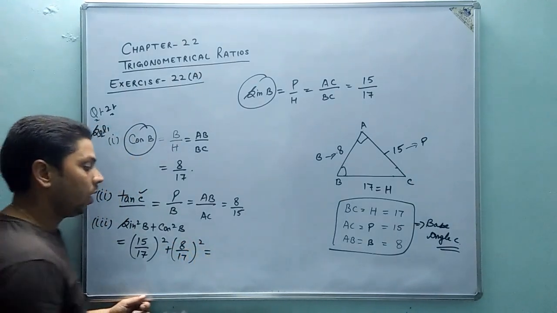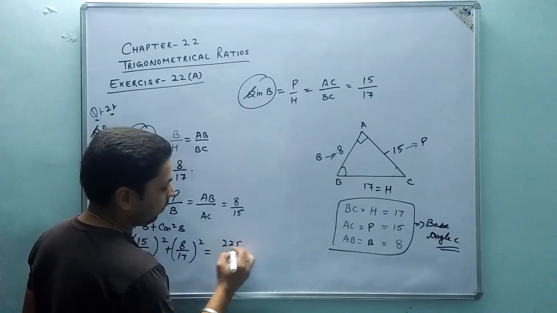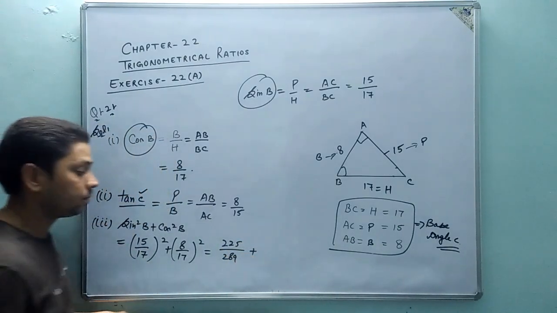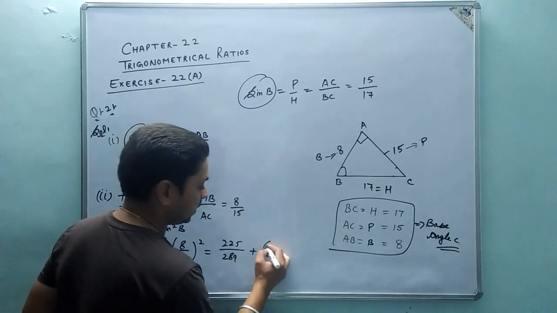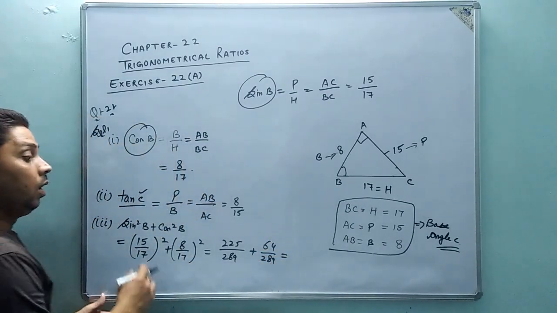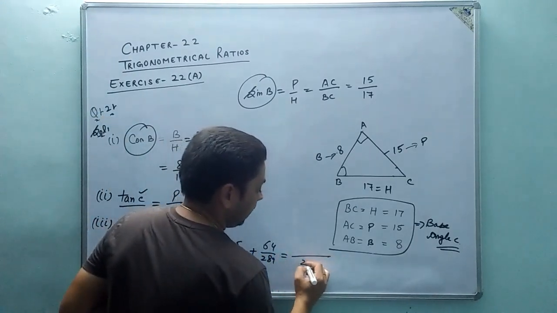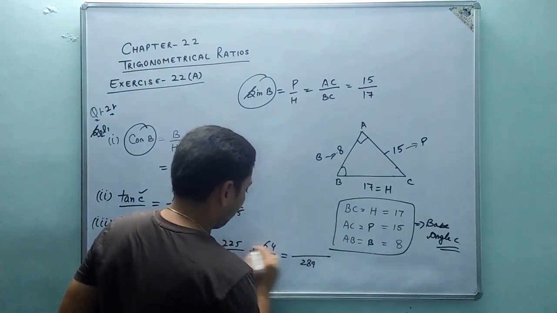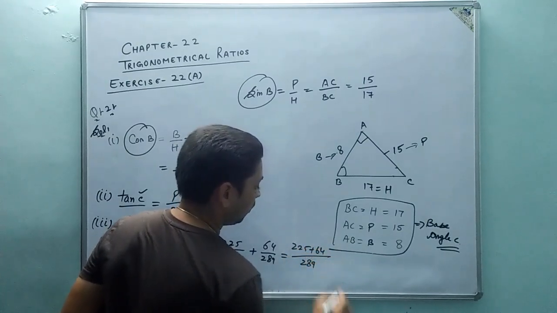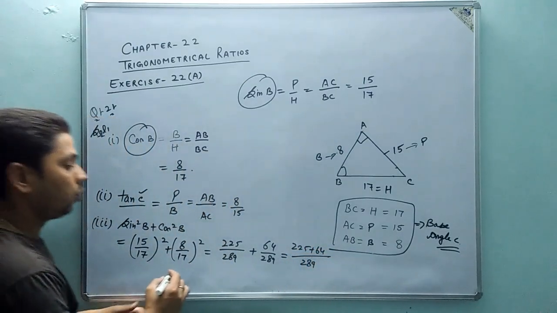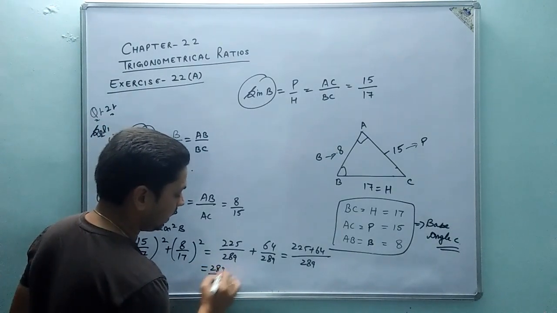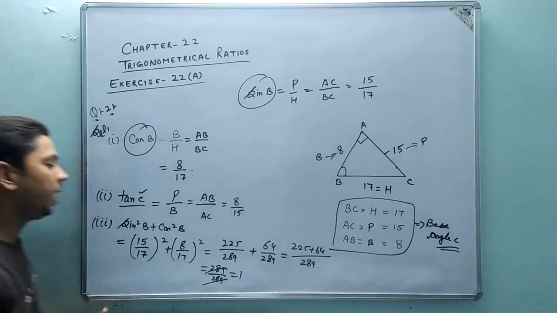It gives 15 square is 225 upon 17 square is 289, plus 8 square is 64 over 289. Take the LCM, 289. 225 plus 64 gives 289 over 289. Cancelling it, we have the value as 1.